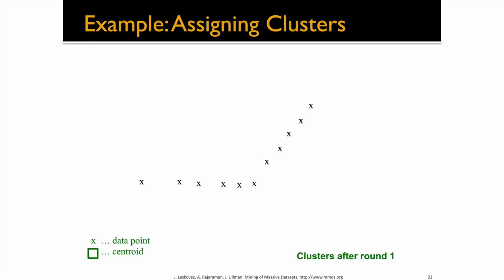So we can show an example here of 11 different points. We'll start off by initializing a cluster using this point in blue and this point in purple as a second cluster. And now we can go through and update all of our cluster assignments by looking at which points are closest to this point in blue and which points are closest to this point in purple.